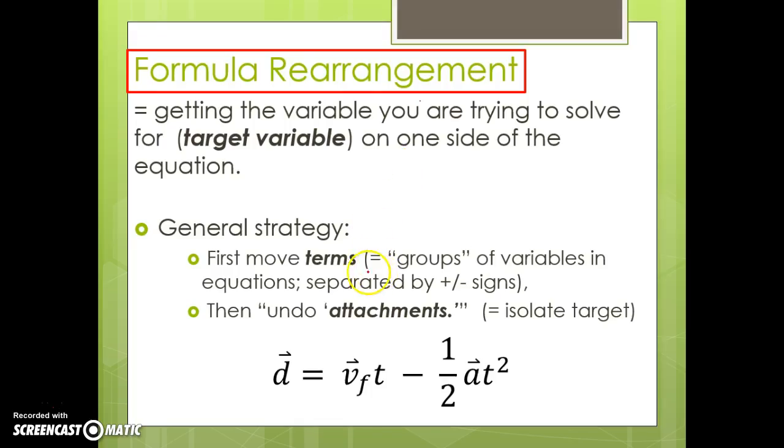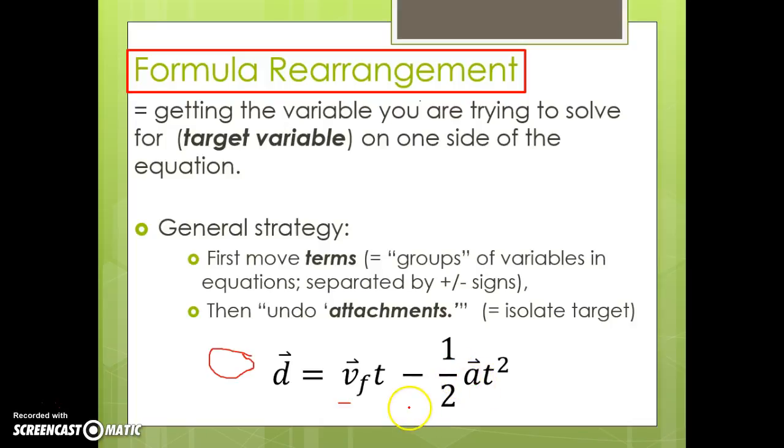So let's look at how that goes. Let's say you wanted to isolate the acceleration right here. So what we would do, you have this number being subtracted by this large number. First, you would just subtract all this off, and it would go right here on this side. So it'd be negative VFT or D minus VFT, so velocity final and time. And now you have this.